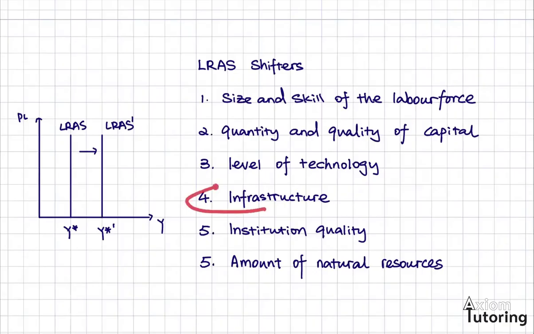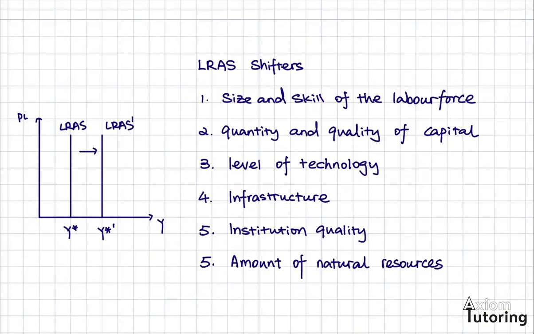Changes in the quality and amount of infrastructure also matter. Infrastructure includes transport, energy networks, digital systems, and communication. Better infrastructure reduces delays and makes it easier for workers, goods, and information to move around the economy.